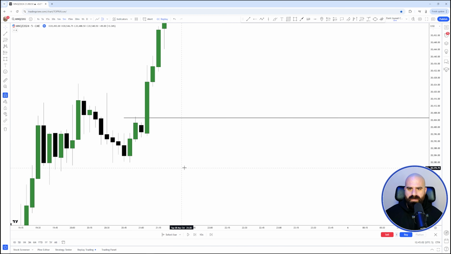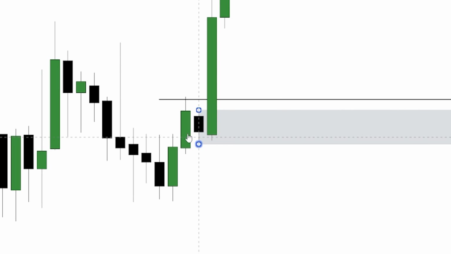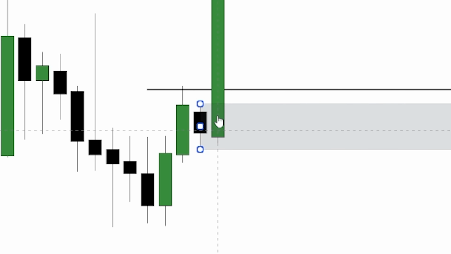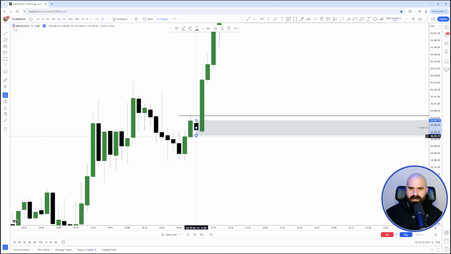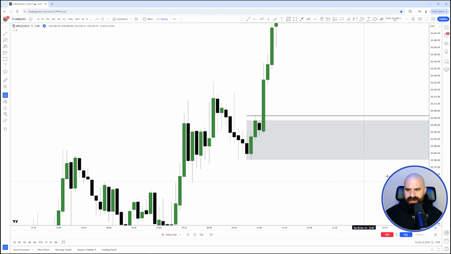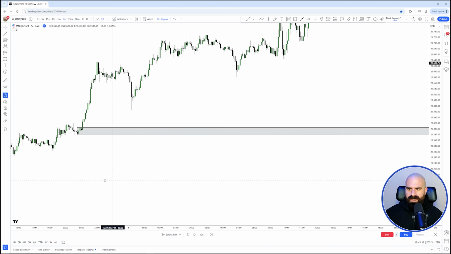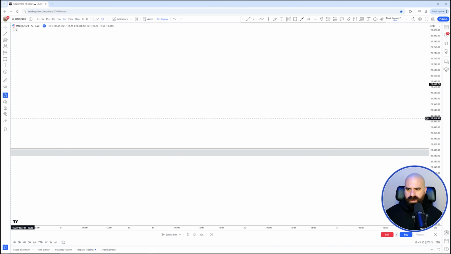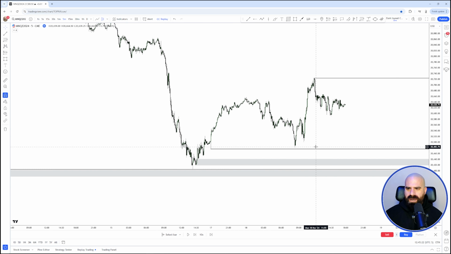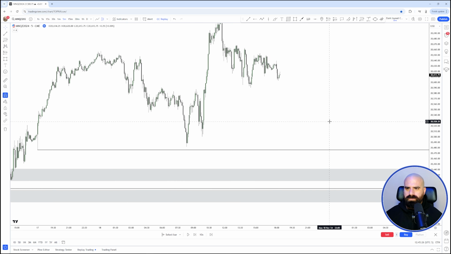I don't really care about that in this occasion, but I do care about this bar, which is an inside bar to this previous bar, and I care about this order block as well. Those are both order blocks. I highlight both of those areas. Very good. Let's go back to current price action and I'm gonna show you how this thing works. Let's go ahead and check it out.